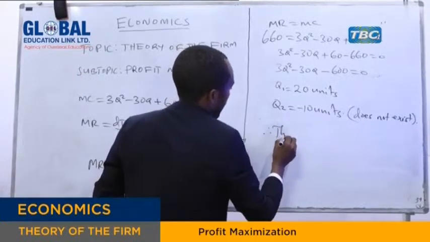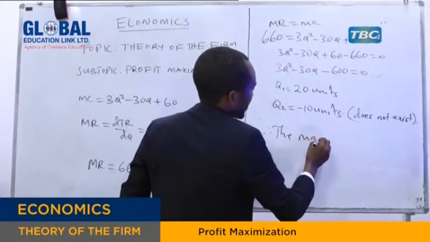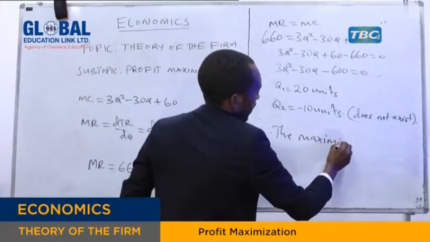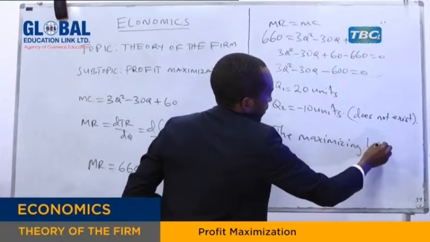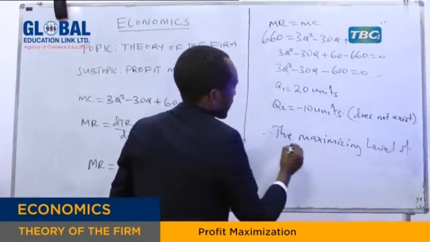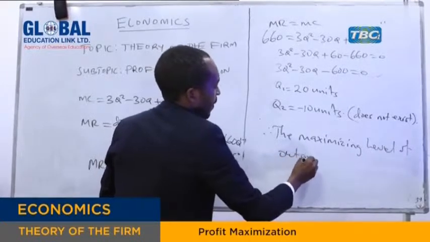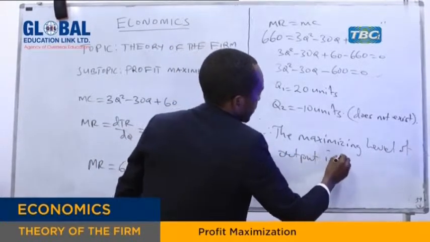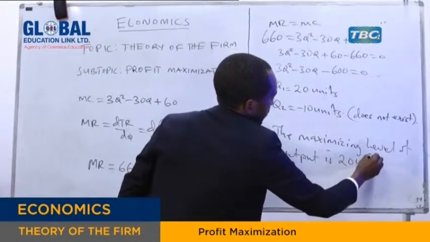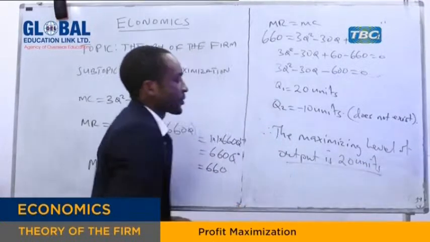Therefore, the maximizing level of output is 20 units.